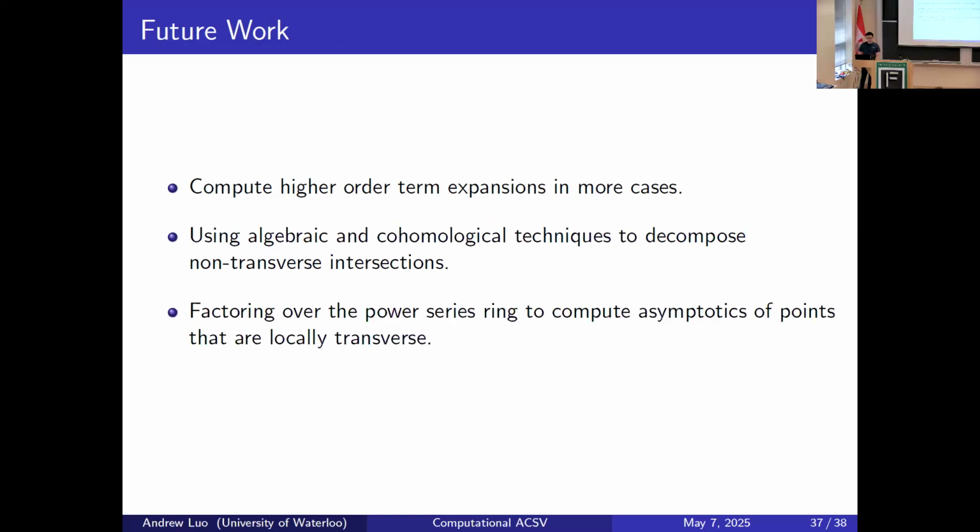And then lastly, even if you don't have a polynomial factorization, so maybe you have a figure 8, at the intersection point, it locally looks like the intersection of two curves. So you would be able to factor that over the power series rings, and then you can still compute asymptotics in the same way as you would with polynomials, except that now you're working in power series.